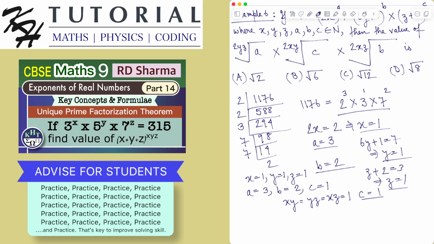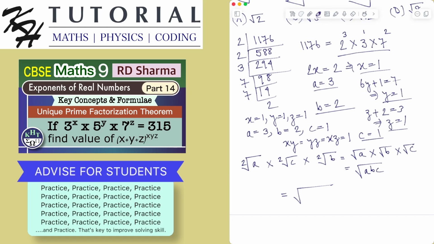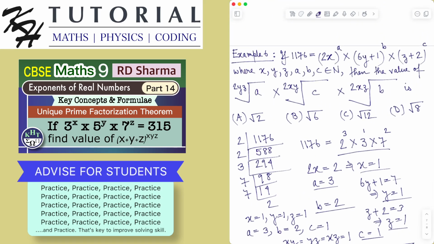So the given expression becomes basically second root, which is basically a square root, of a multiplied by second root of c multiplied by second root of b, which is nothing but square root of a multiplied by square root of b multiplied by square root of c. This is nothing but square root of abc. What is abc? 3 multiplied by 2 multiplied by 1. So this is square root of 6. So the answer is square root of 6.